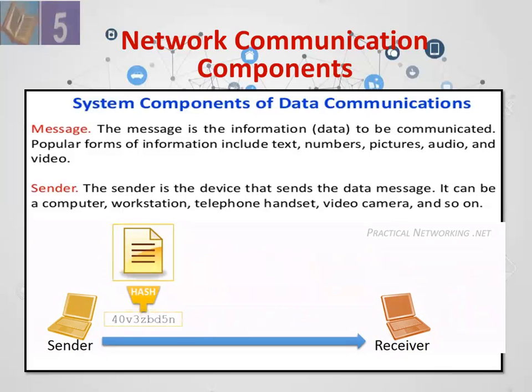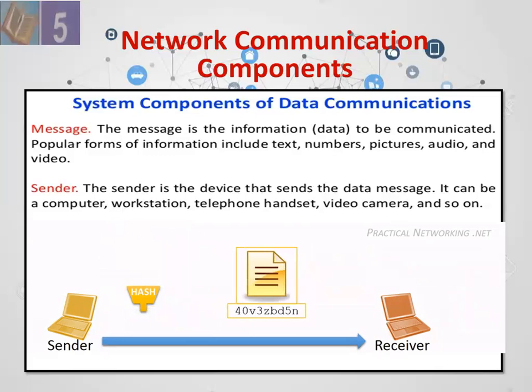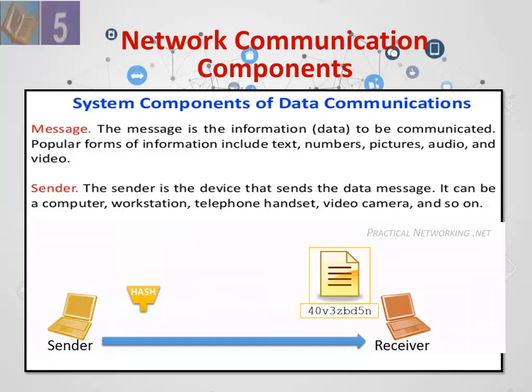So these are the components of your data communication and network communication, which always work whenever you want to send data or a message. Message can be an audio file, video file, text file, your text message, it can be anything.